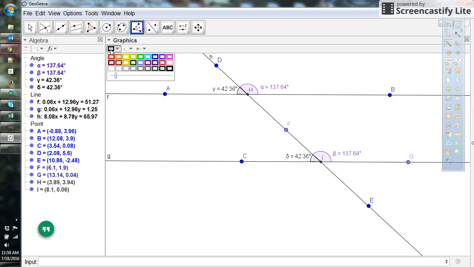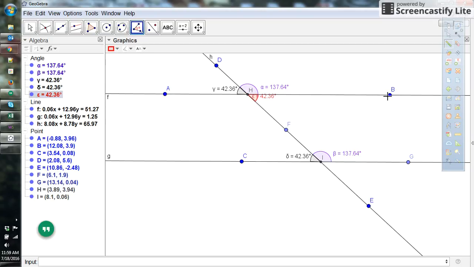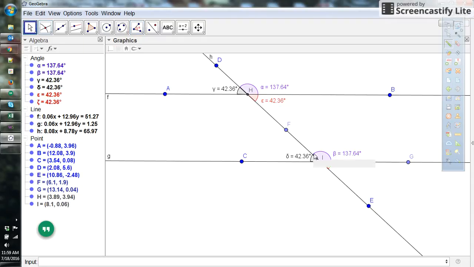So let's try a different set of corresponding angles. We did purple. Let's do a red. Okay. So that one's 42.36. And these are 42.36. So again, these are congruent.